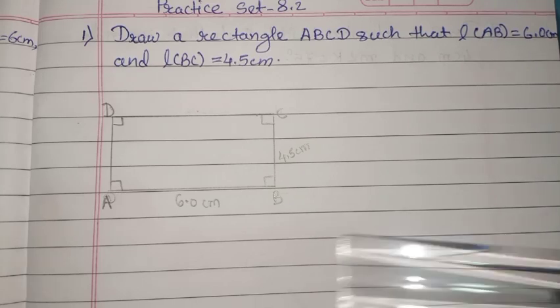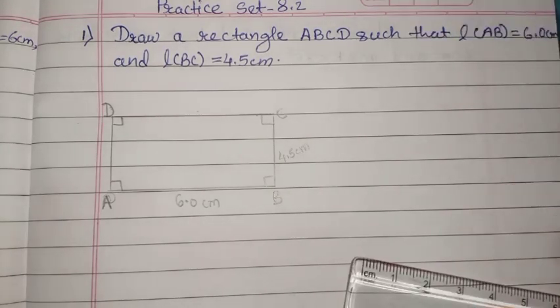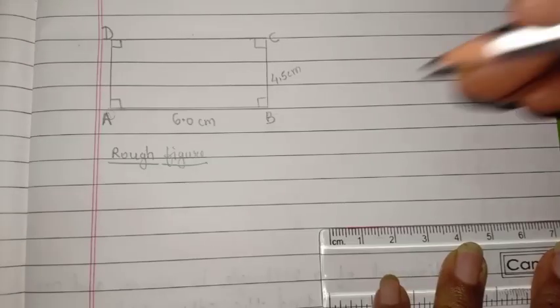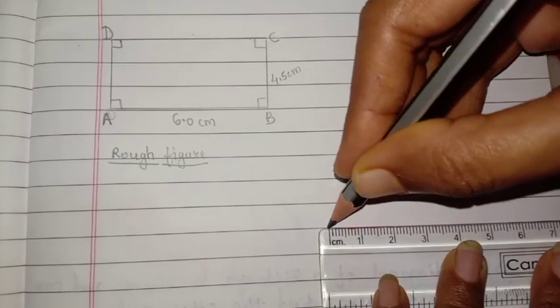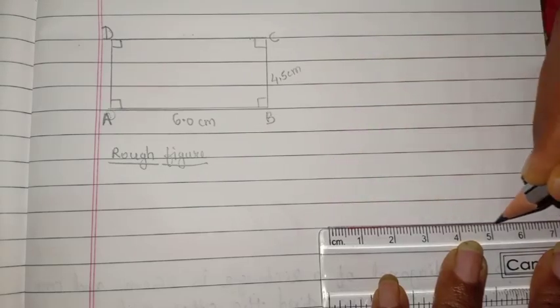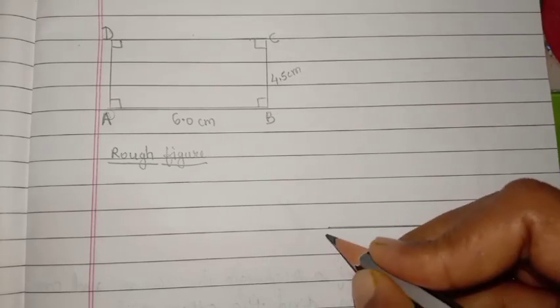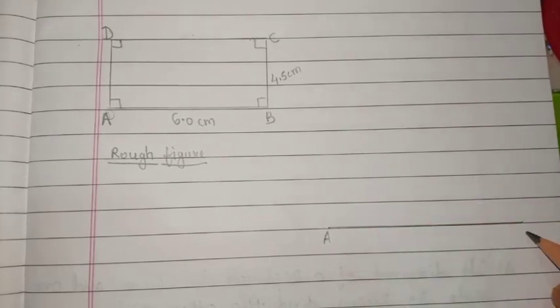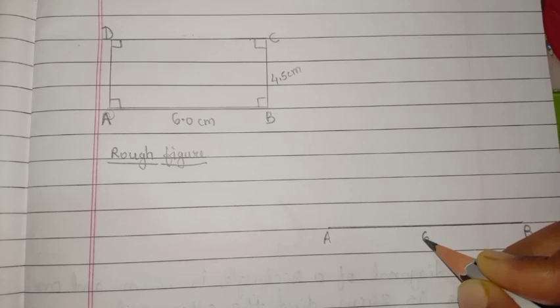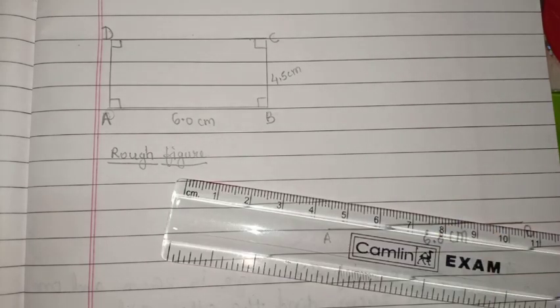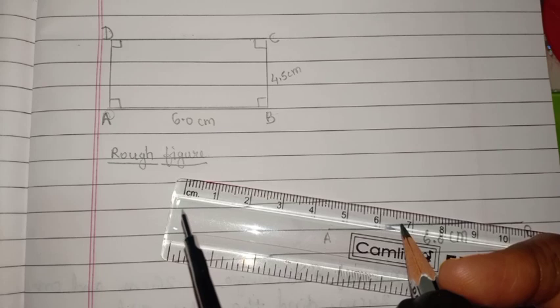Now let's start the fair diagram. First of all, we'll draw the base, that is 6 centimeters. We'll label it AB, 6 centimeters. Now take 4.5 centimeters distance in the compass.